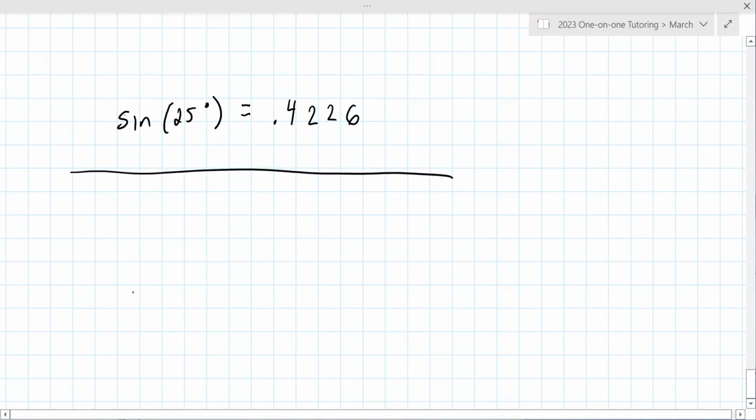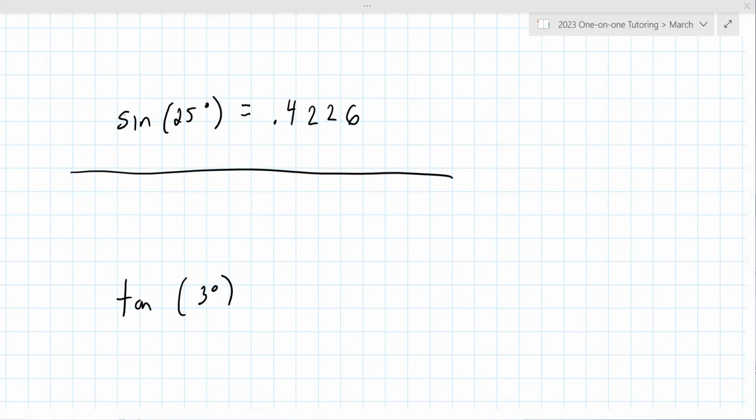Let's try another one here. Give me the tangent of 3 degrees to 4 decimal places.